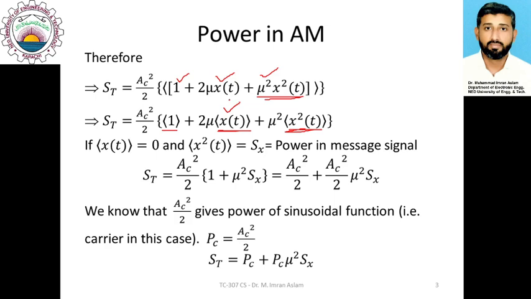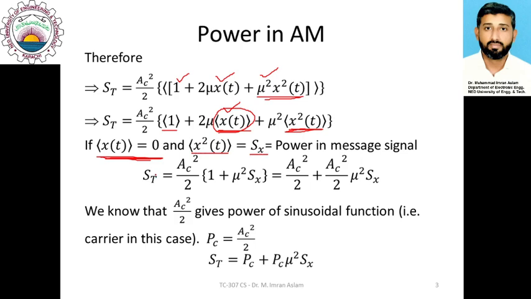So whenever we calculate this average value of x(t), it also gives a value of 0. So if the average value of x(t) is 0 and the average value of x square t is the average power in the message signal, Sx.